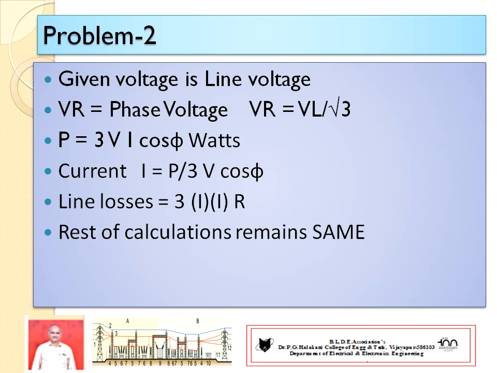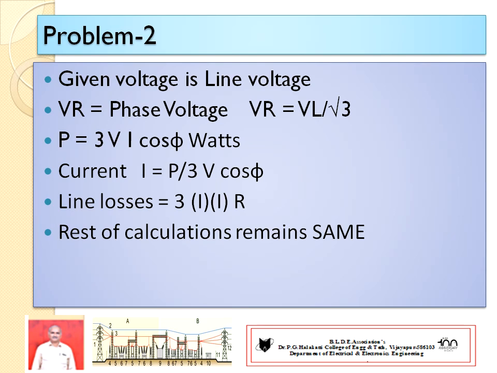If you are taking VR as line, no problem, root 3 VL, any one reference. If I take phase value, then I can use power equal to 3 times VI cos phi. This is the only interesting thing in 3-phase. Then the current becomes. You can go for all the same calculations.